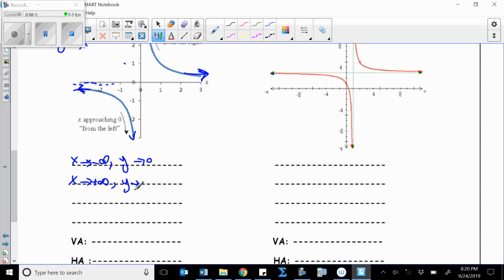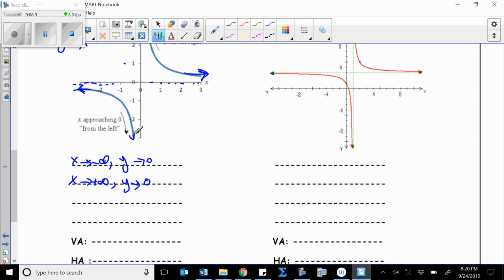Now what is y doing at this point? As you move on the graph, you see that the y value is getting closer and closer to 0, but this asymptote doesn't let your y actually pass through this point. So your y is just getting close to 0 and cannot pass it.